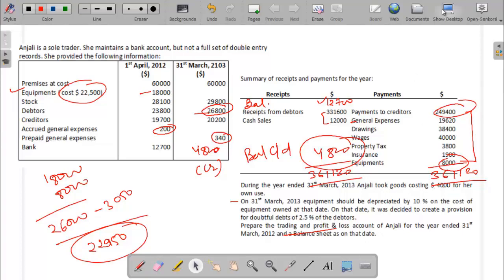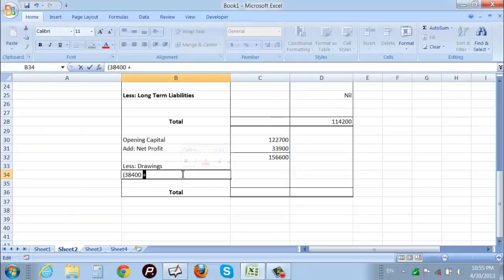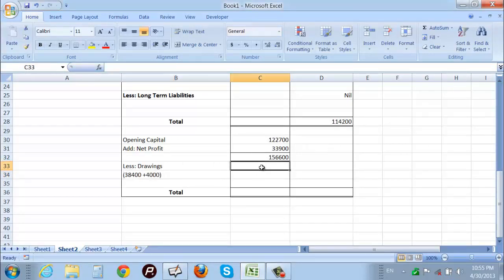So that is also drawing, goods withdrawn. So that item also we will take 4,000. So now the final total of drawing is 38,400 plus 4,000. The final total is 42,400. So this now we have to subtract in order to get a closing capital.